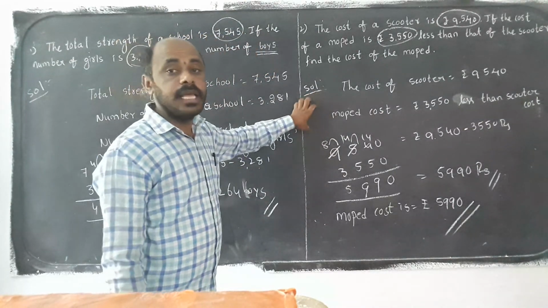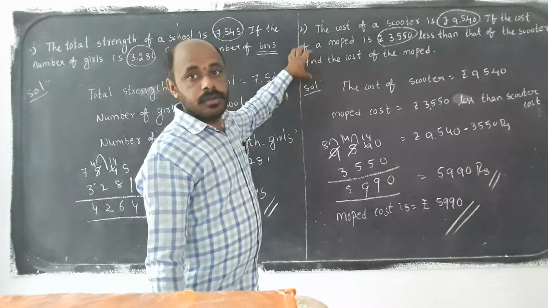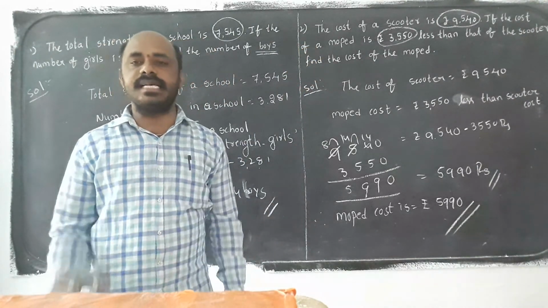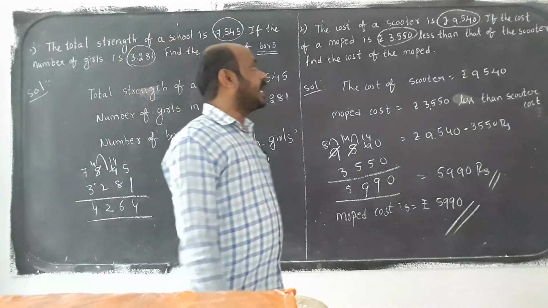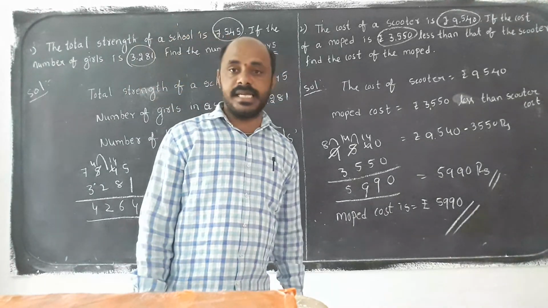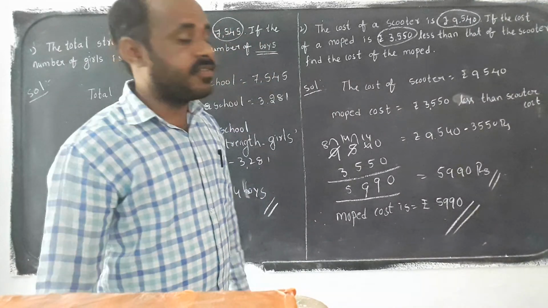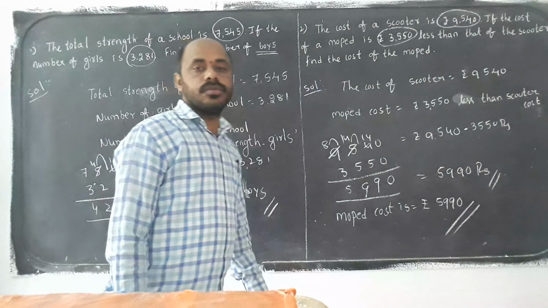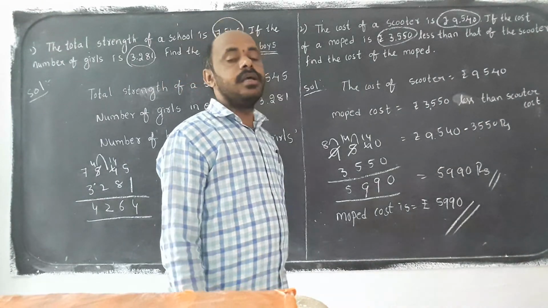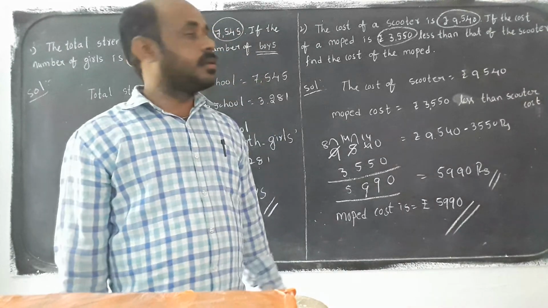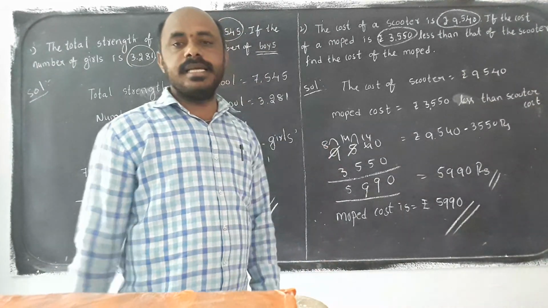We have to think about the sum: what he gave and what he is asking. If he is asking for more than or less than, we have to think and solve the given word problems. Okay, children, thank you.